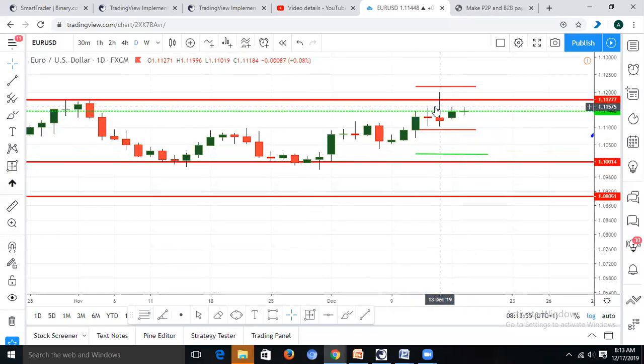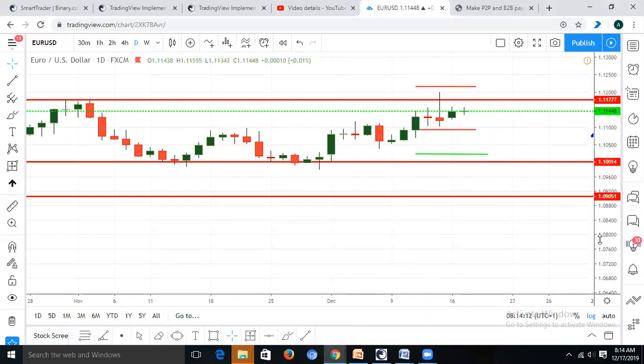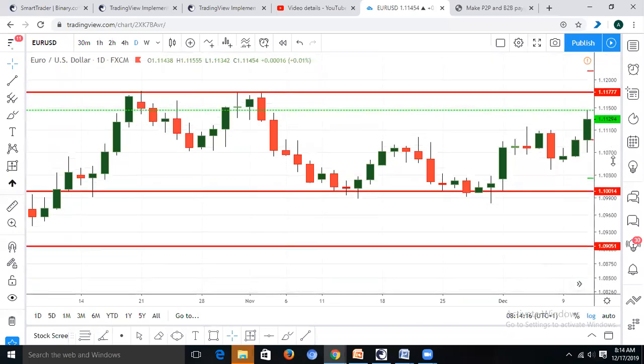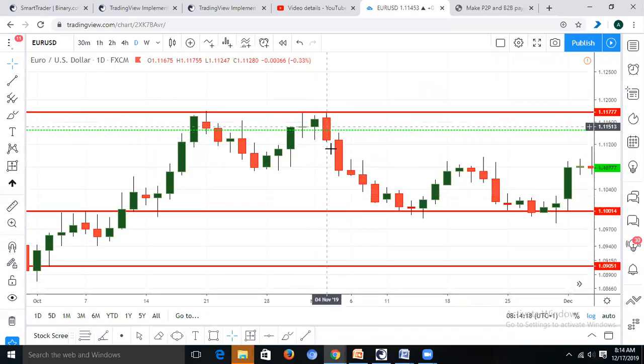Now, this is a reversal candlestick pattern. Once you have seen this thing on a major resistance zone, it is an indication that market may likely go down from here. So you place your pending order, and then the market will just go your way. This is another one. This is called engulfing candlestick.